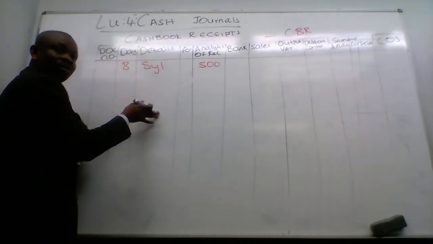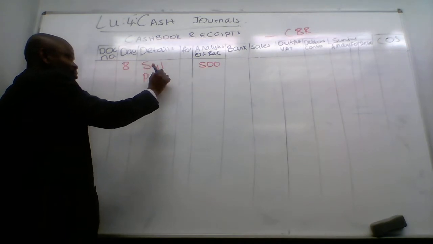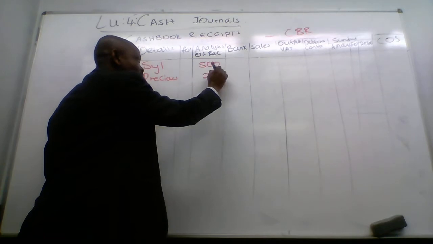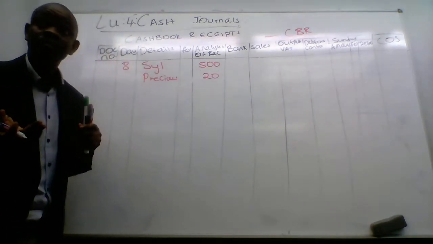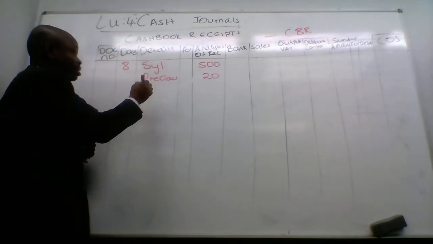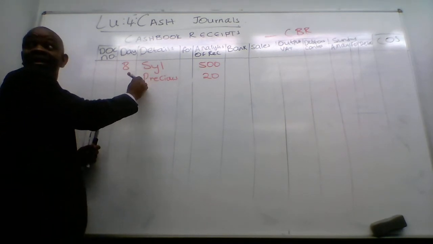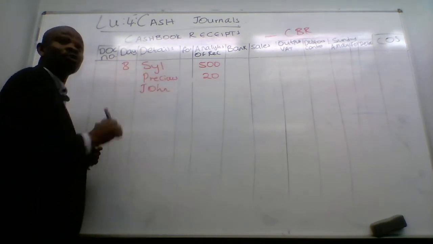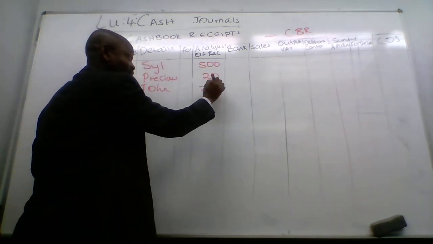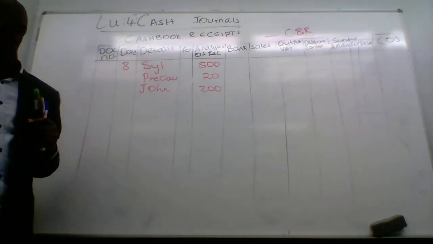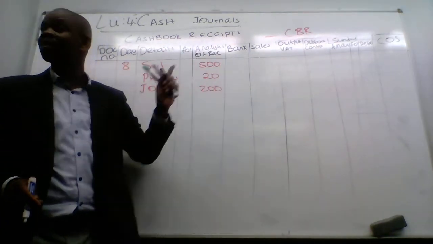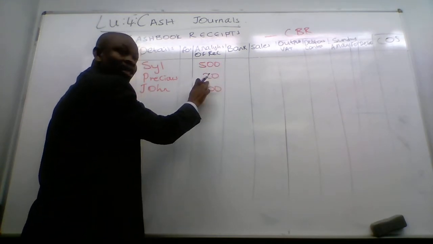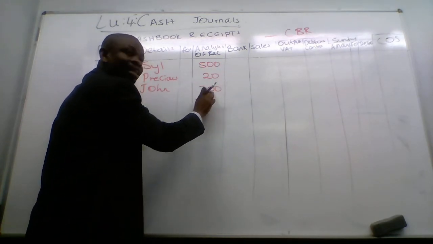And now, you receive from Precious, obviously, 20 rands. I'm just saying. From John, 200. Normally, when you receive, you must transfer to the bank. I was supposed to see 500, 500, 20, 20, 200, 200.